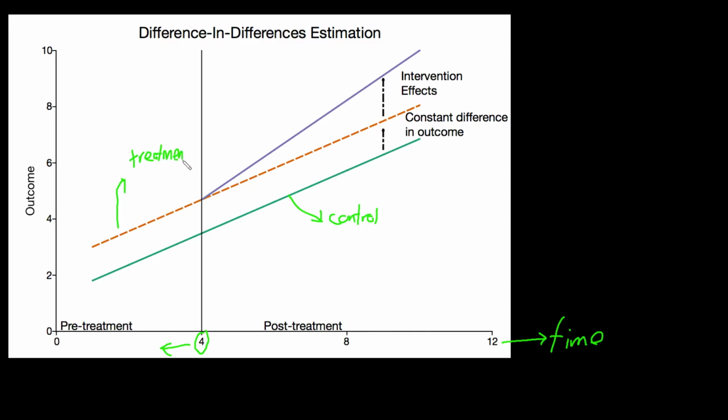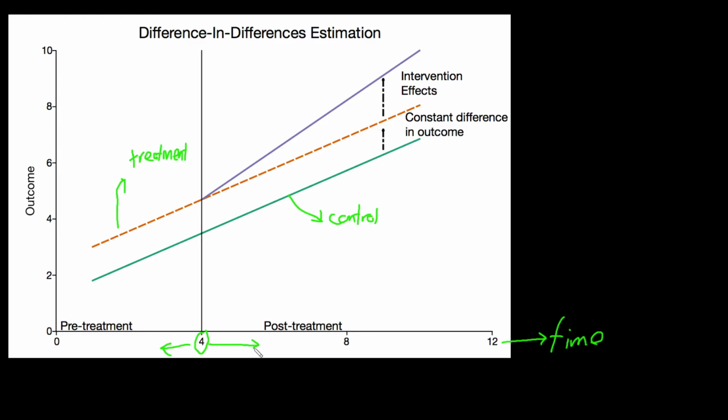Cool. So we can see both groups actually are trending up in this outcome variable, and from the diagram it seems that they're both trending up at exactly the same rate. Okay, so we have pre-treatment, and then after this time of 4, the treatment has been enacted.